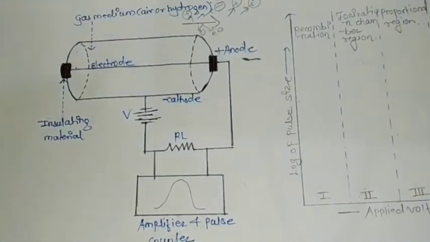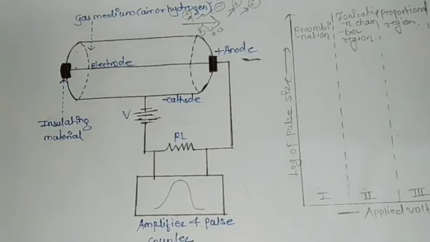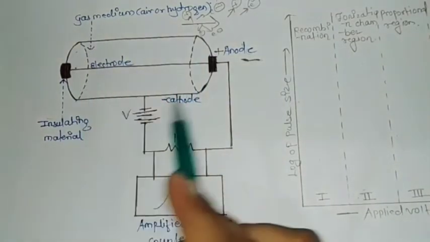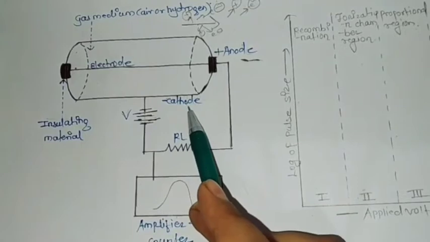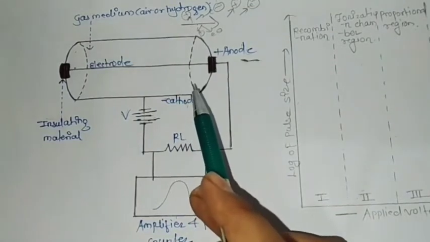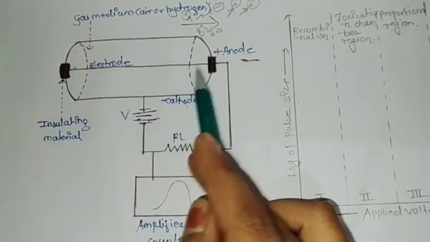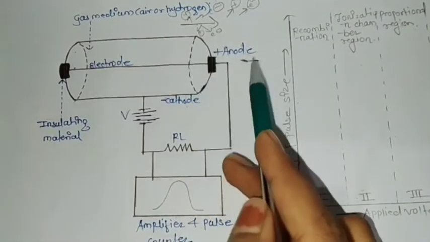Now what happens when these positive ions and free electrons are created? They are subjected to an external electric field. As you can see here, the metallic surface is connected to the negative terminal of the battery while the metallic electrode passing through the center is connected to the positive terminal.